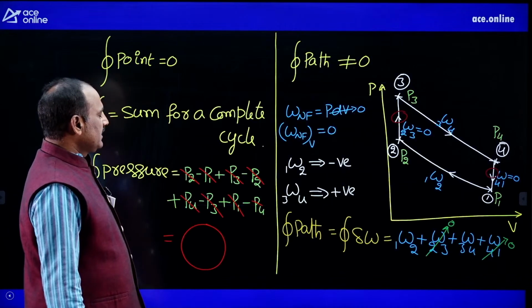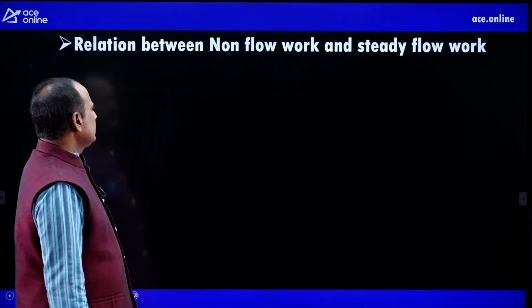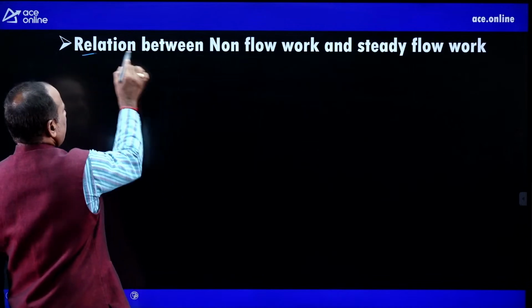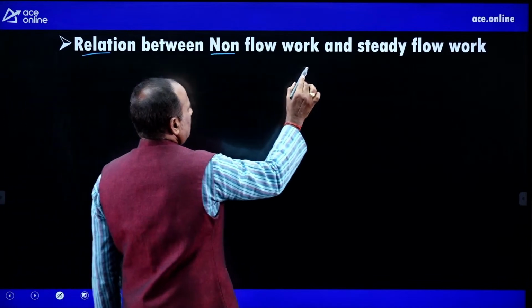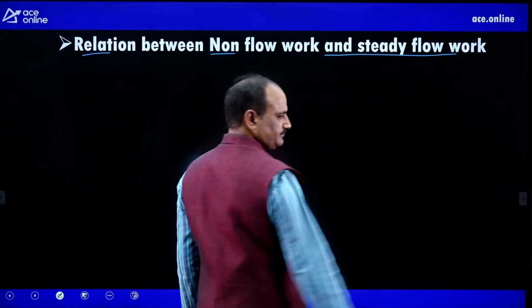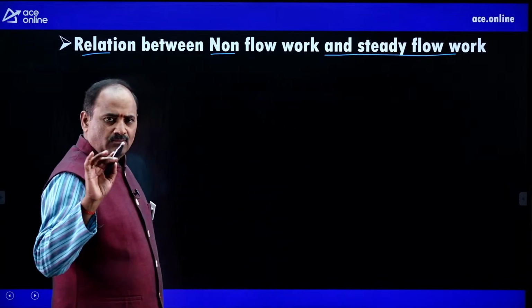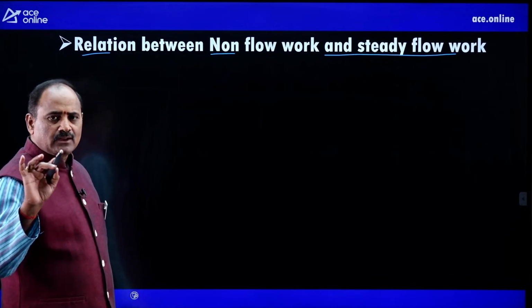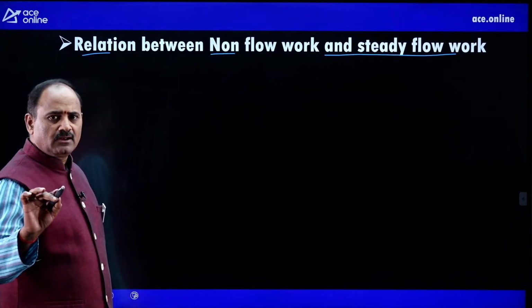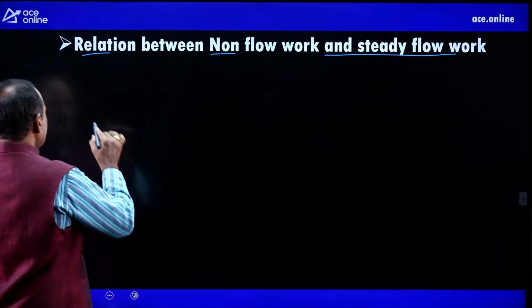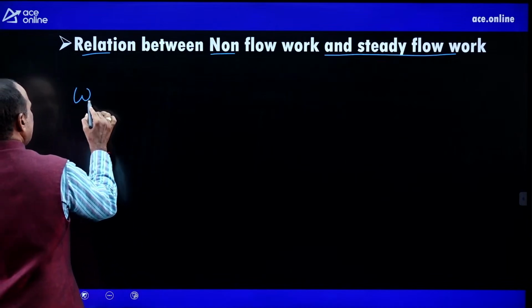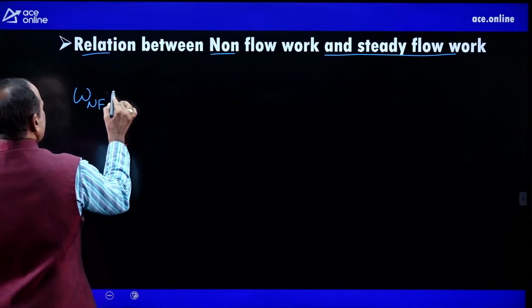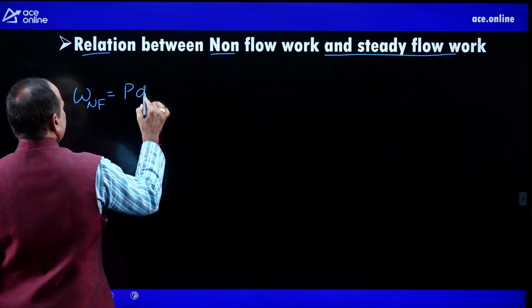Then look at another important concept, that is the relation between non-flow work and steady flow work. Whatever work interaction formula we decide for a closed system is called non-flow work. That non-flow work mathematical formula is equal to PdV.